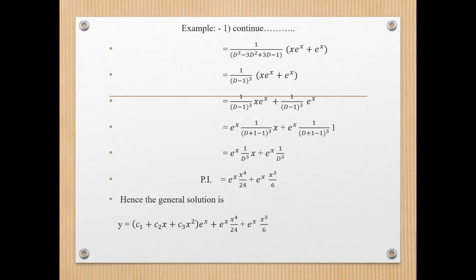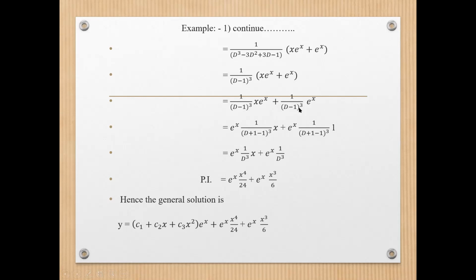We get e raised to x into bracket 1 upon d plus 1 minus 1 cube into x plus e raised to x. So here is 1. Take e raised to x on the left side of this fraction. You may use the same case here, no problem, or you can use type number 1. Same thing.